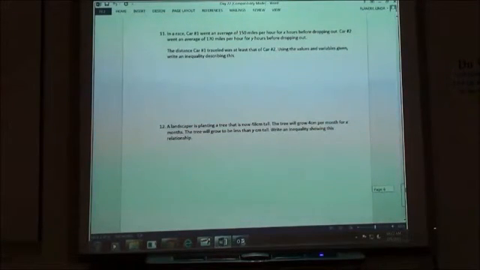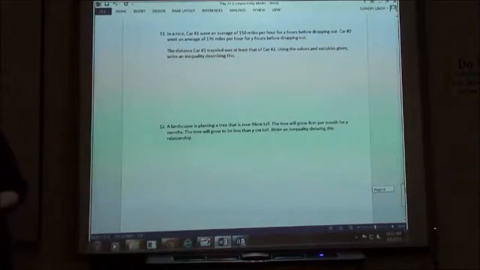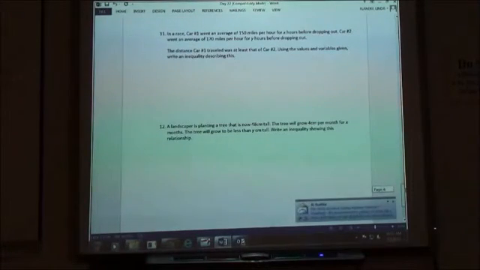So, for the distance for car 1, how would I write that down? What's it tell me about car 1? 150.